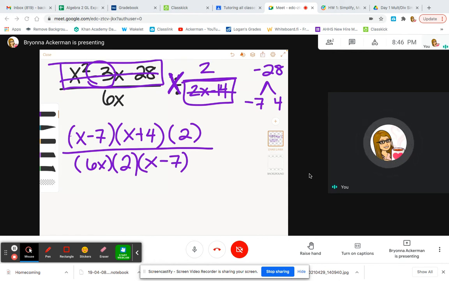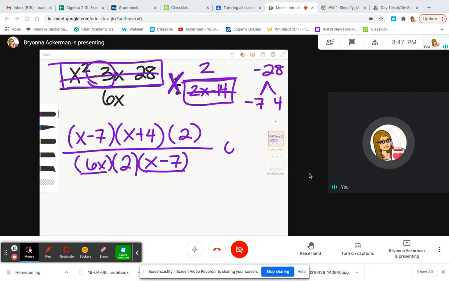Before you continue and cross things out, you want to set each of these equal to 0 and solve to see what restrictions we have. With a whole number, you don't have to do that, but the ones with the variables, we need to do this.